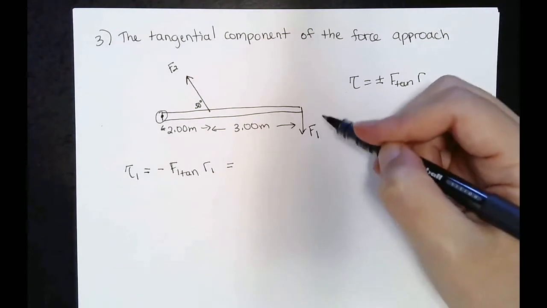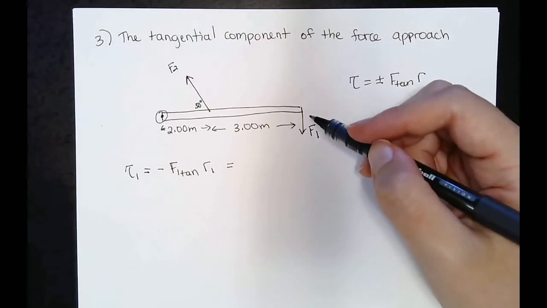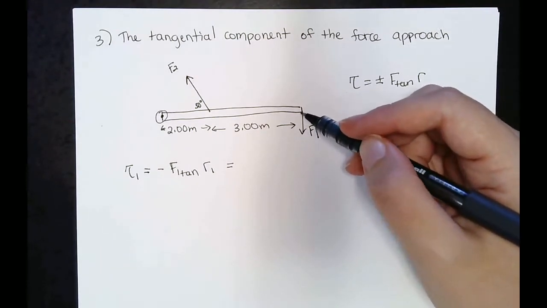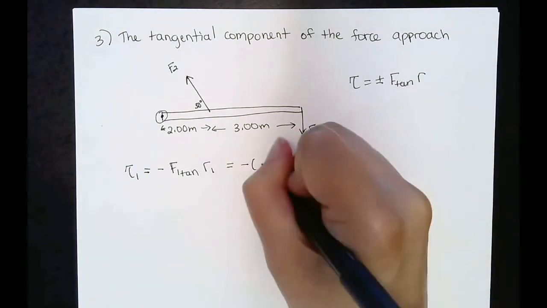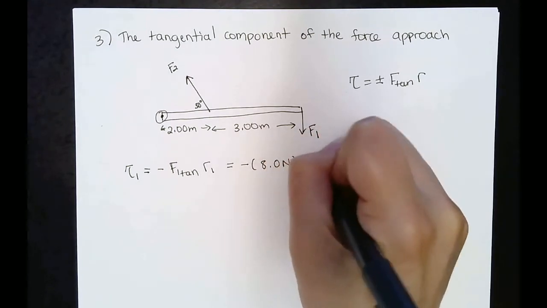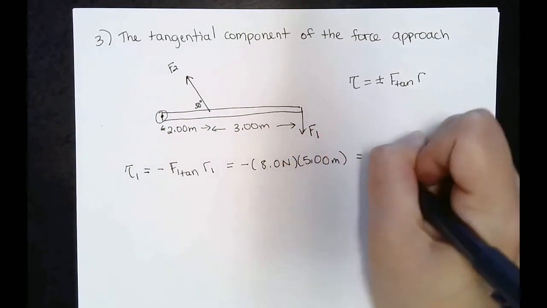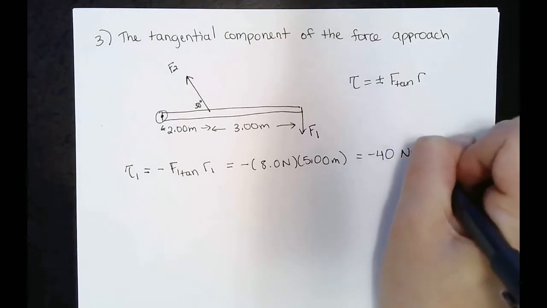This entire force is tangential to the motion or perpendicular to the radius. So we have negative 8 newtons times 5 meters, which is negative 40 Newton meters.